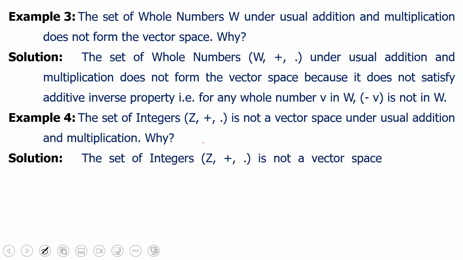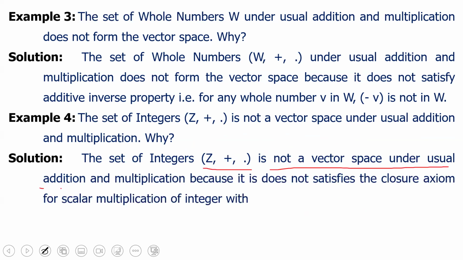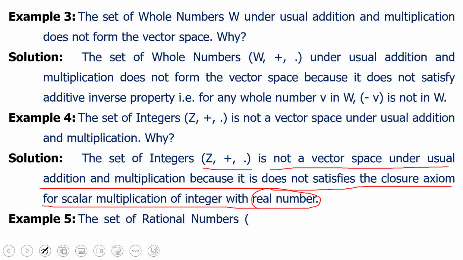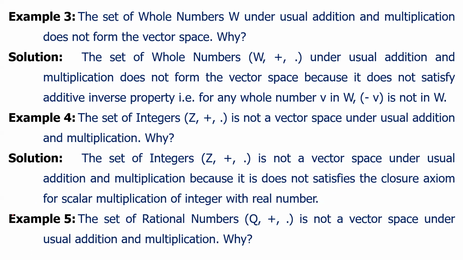The set of integers Z is not a vector space under usual addition and multiplication because it does not satisfy the closure axiom for scalar multiplication of an integer with a real number. Example number 5. The set of rational numbers Q is not a vector space under usual addition and multiplication. Why? The same situation comes up here.